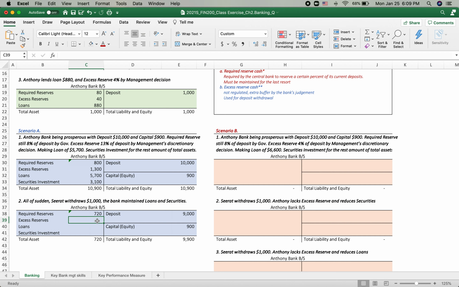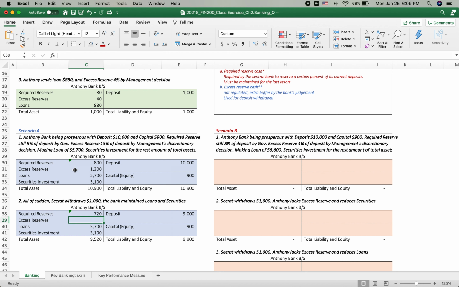And then excess reserve. How much is the excess reserve? Okay, how do we get it? Now the loans and the securities investment have not been changing, because we have enough excess reserve.